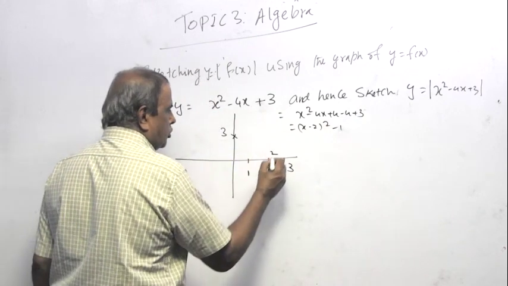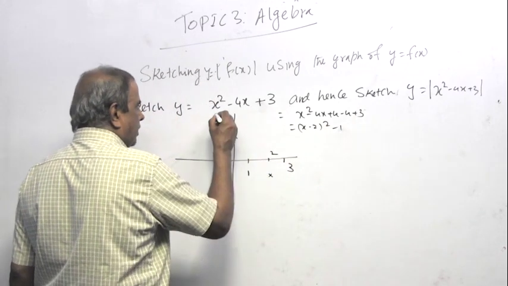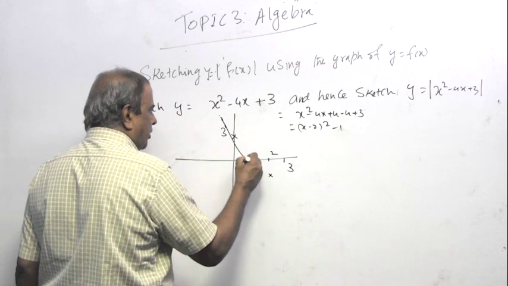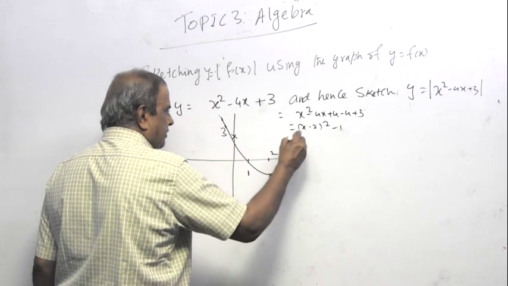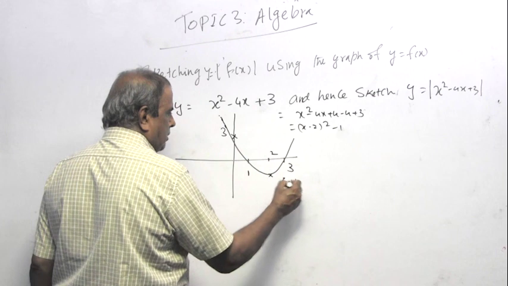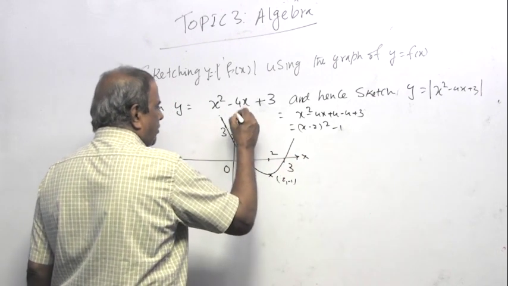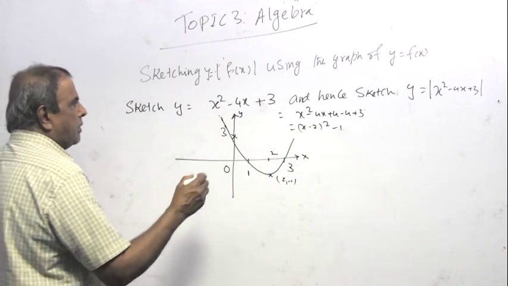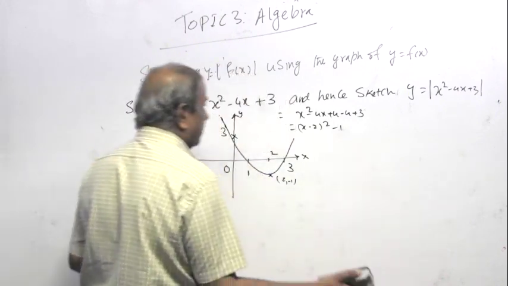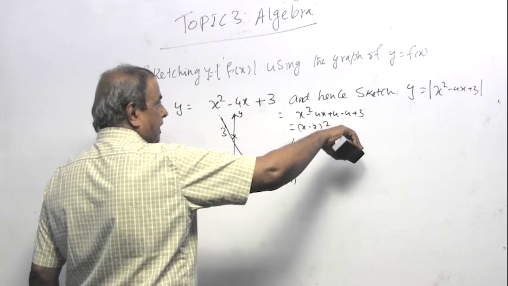So at x equal to 2, y equal to minus 1 is a minimum point. So I have drawn the graph of that. Remember, whenever you draw a sketch, you should be able to give all the important information about that particular curve.